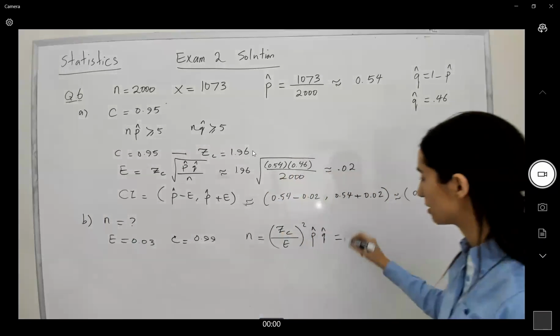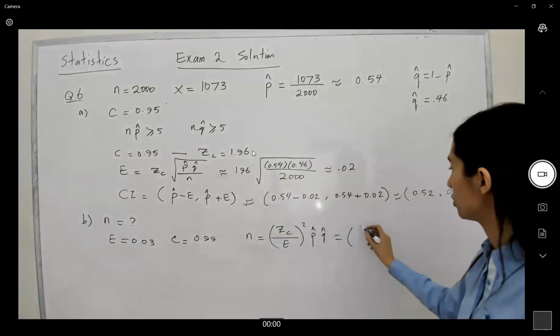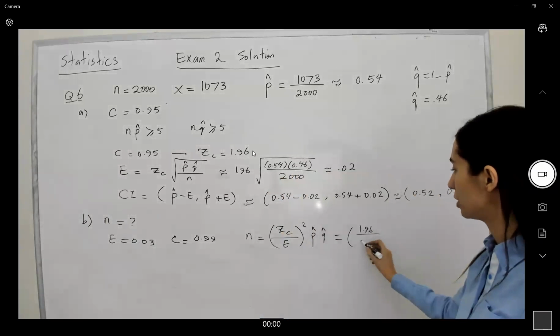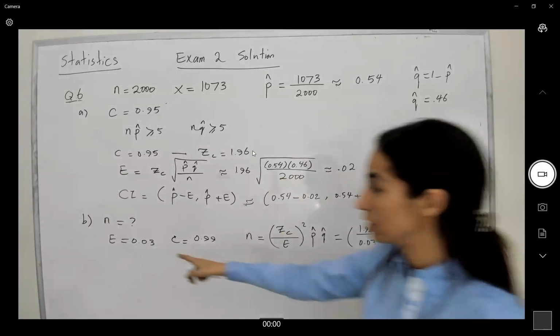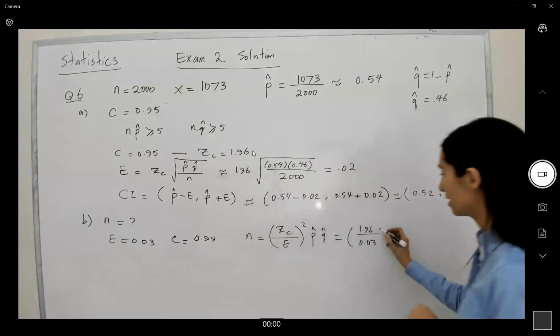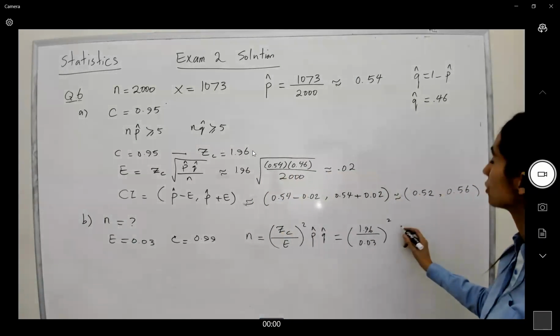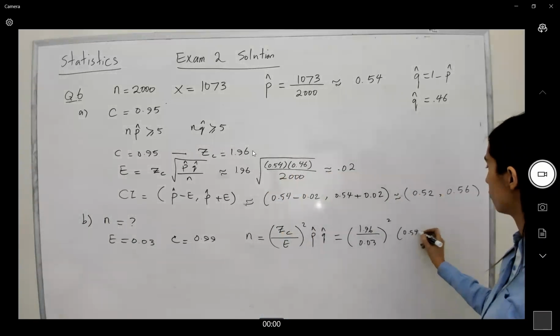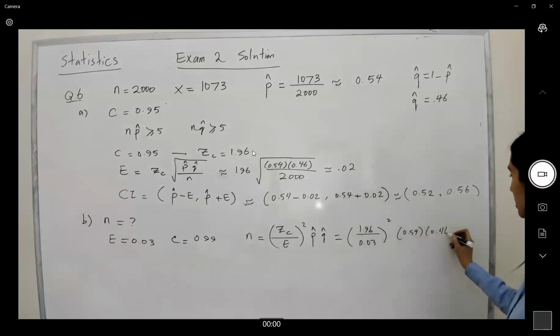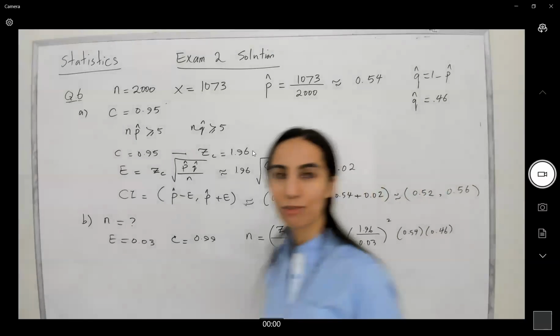So this is approximately ZC, which is 2.576 for 99%, divided by E, the margin of error given in the question, 3%, squared, times P hat Q hat, 0.54 times 0.46. So we have to round it up.